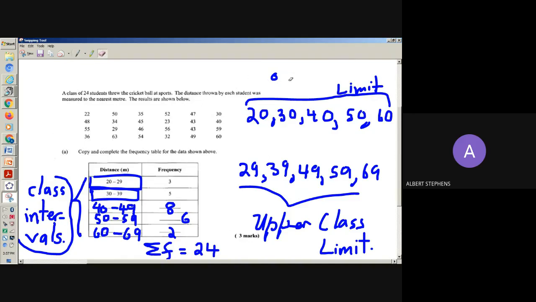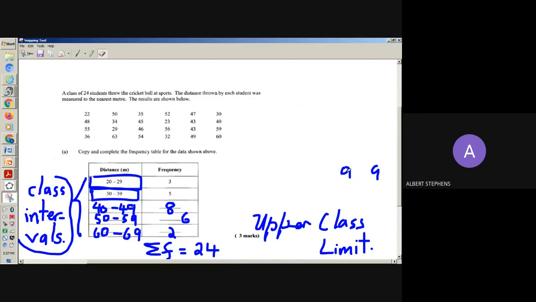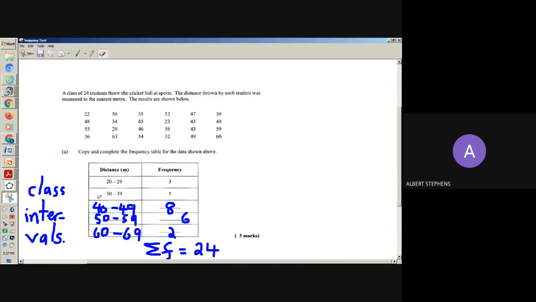All right? Now, usually in the exam, fortunately, they provide the class intervals for us. Sometimes they ask you to just complete it, like what we just did a while ago. Sometimes you get the whole thing. Now, you have something else called class size or width.